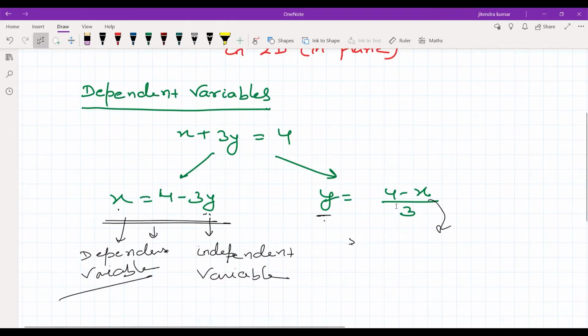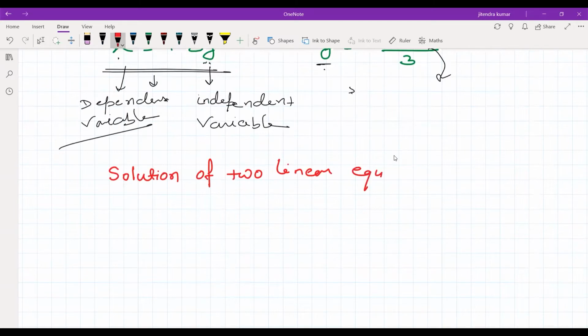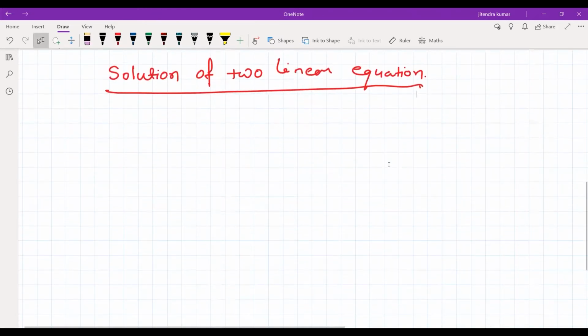Now in this chapter, basically we have to study the solutions of two linear equations. Suppose we have two linear equations.